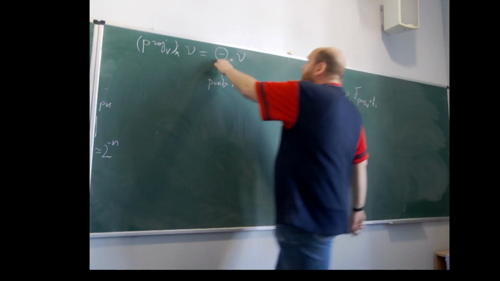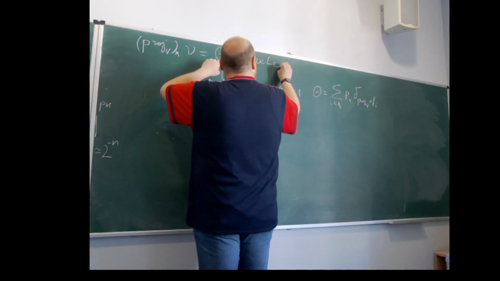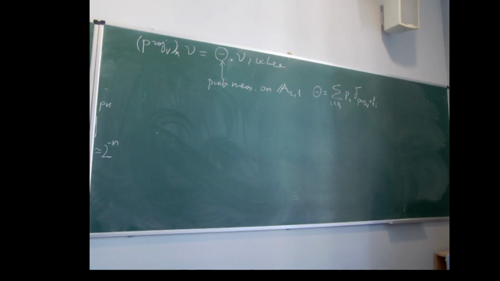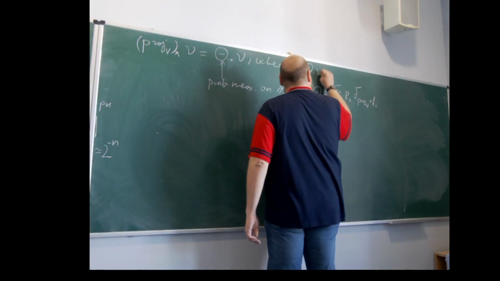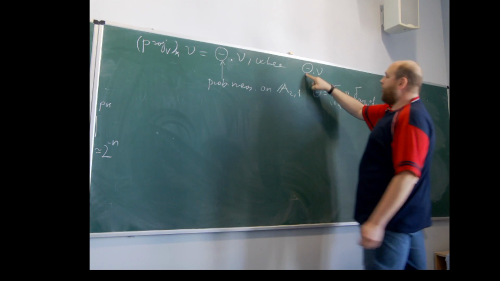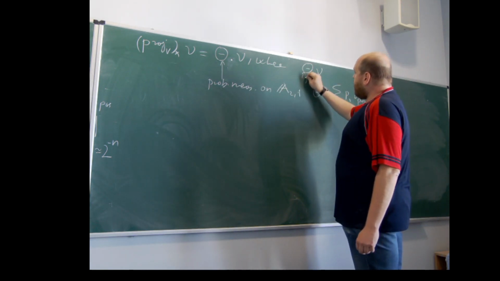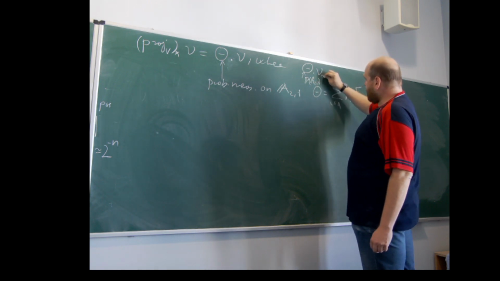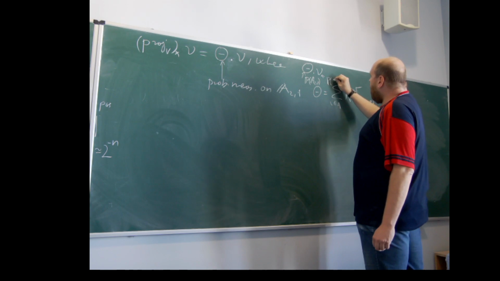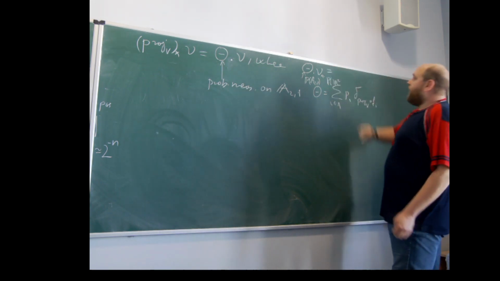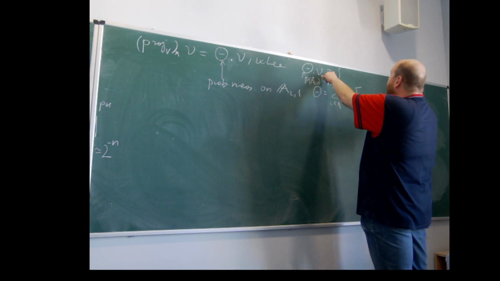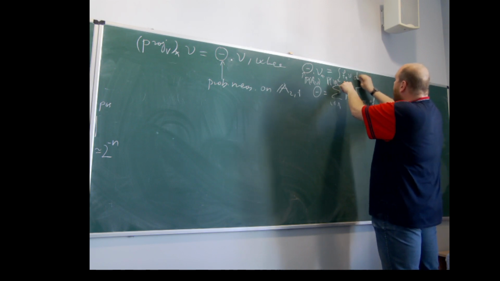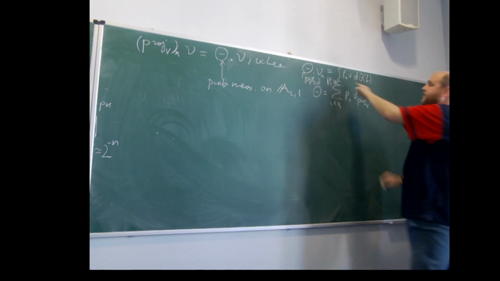And this measure is nothing else than the push forward. If this is a probability measure on this A21 set, and this is a probability measure on my plane, then this measure is nothing else than the integral of the push forward of the measure nu, where we integrate along these functions.